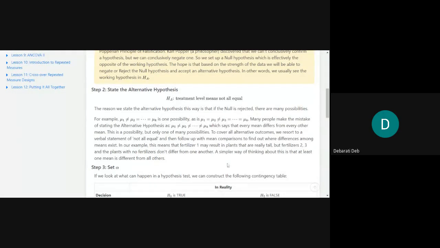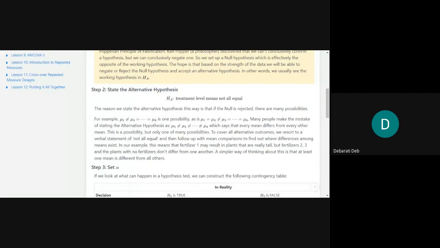Alternative hypothesis, see, Ayush, this is a statement where we are taking k number of fertilizers and saying that applying the fertilizers, the height will differ amongst the plants. So we are applying k number of fertilizers.